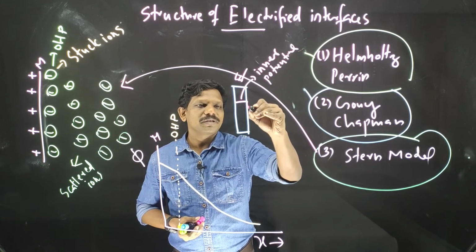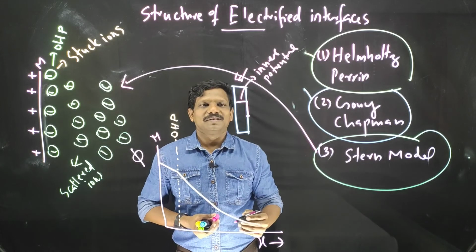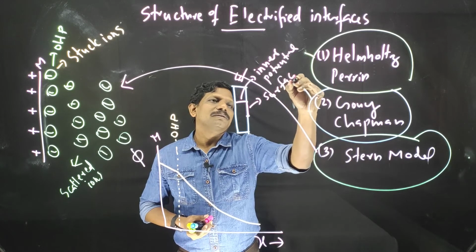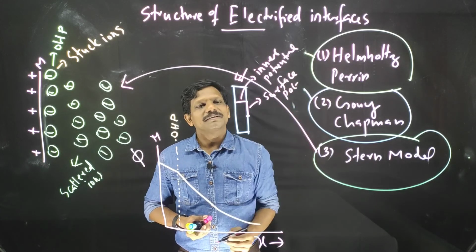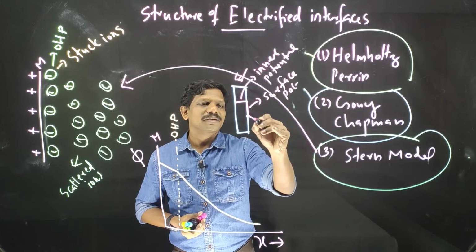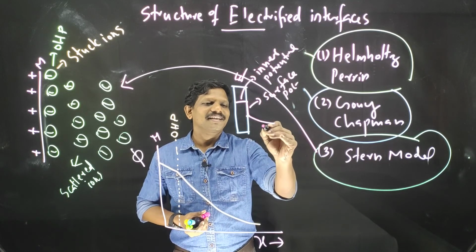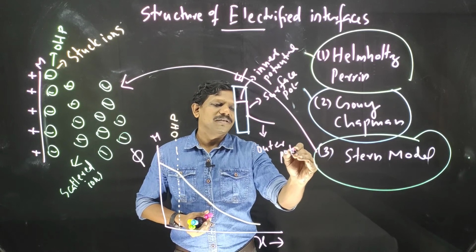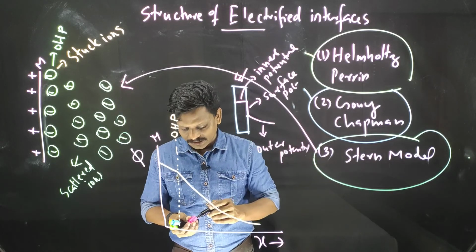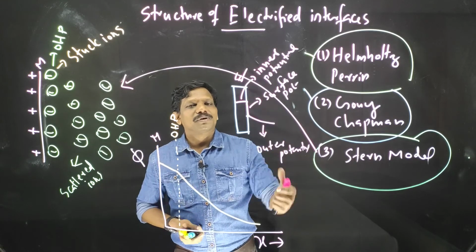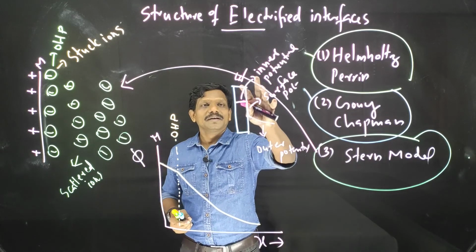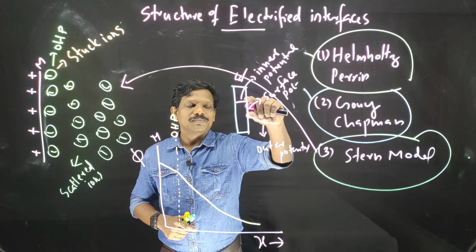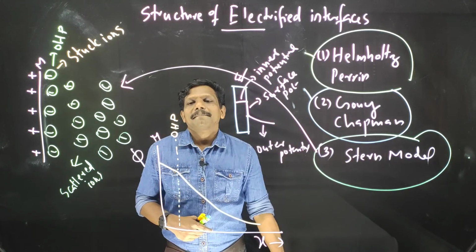Also, another potential is there on the surface of the electrode. This is known as the surface potential. And after that you can see some potential here, and this potential is known as the outer potential. So there are three types of potential in the electrode: one inside the electrode, one on the surface of the electrode, and one outside the electrode.